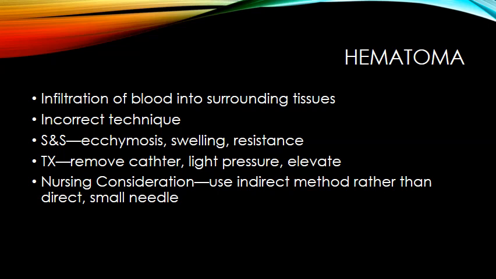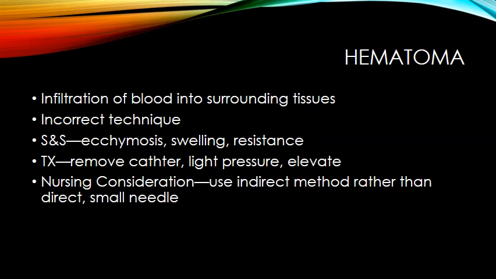Opening of the flow clamp for the infusion before the tourniquet is removed could also cause this. If your cannula is too large for the vessel that you're inserting it in, so we go back to choosing the correct size for the vein, using the smallest size needle to get the job done. And also pressure of the tourniquet on really fragile skin can cause that.